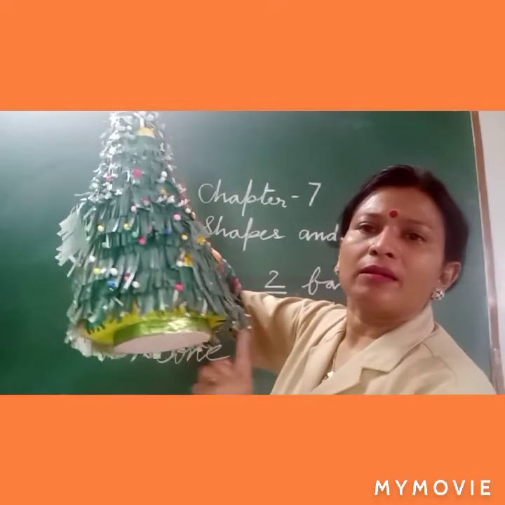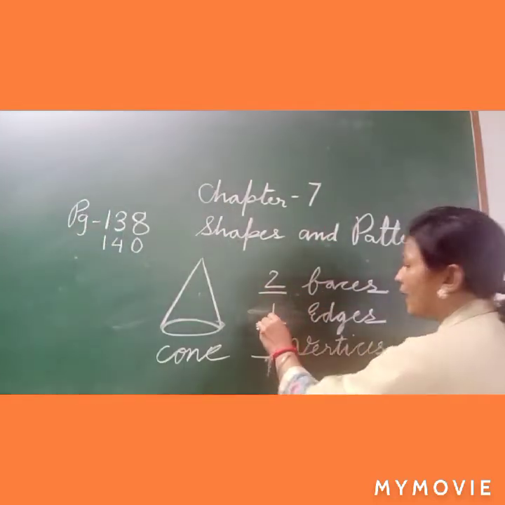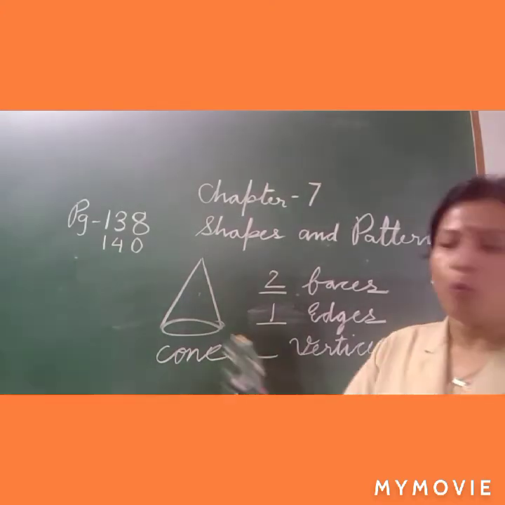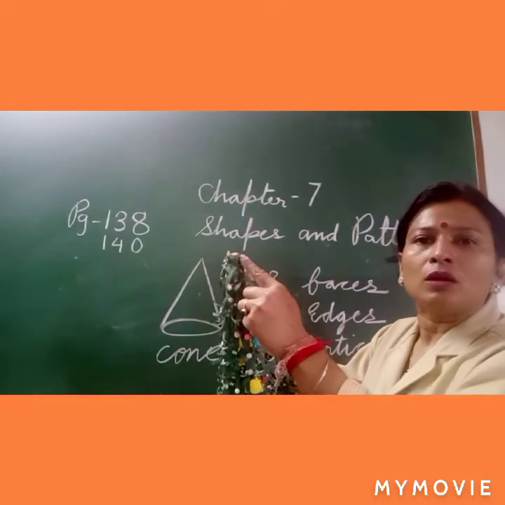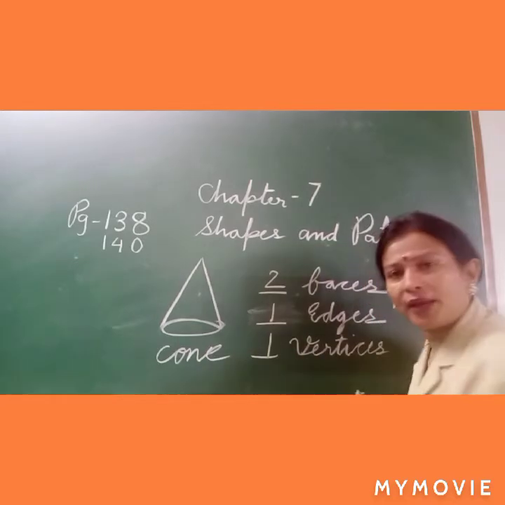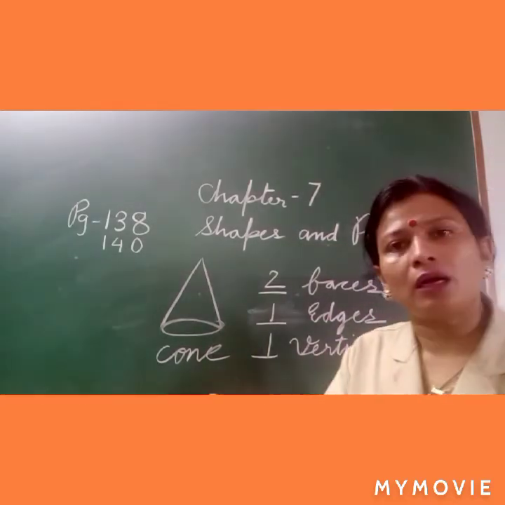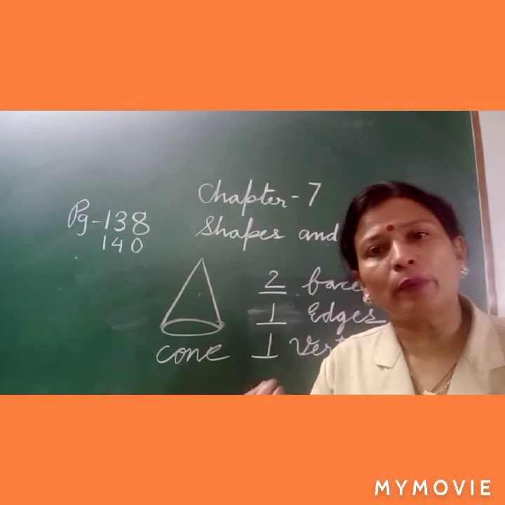One edge is there. And where two lines are meeting, a corner, one vertex is there. Okay. You can take a birthday cap and you can count by yourself.